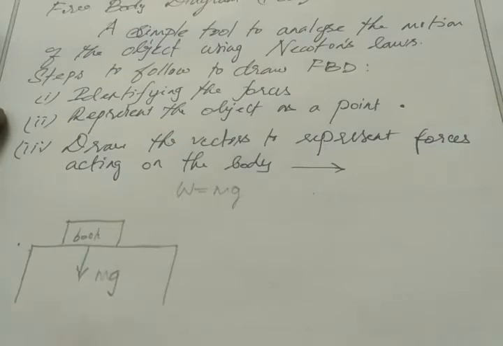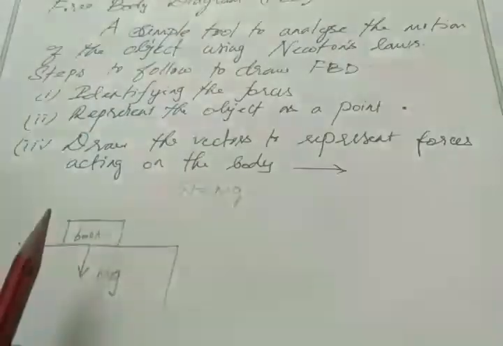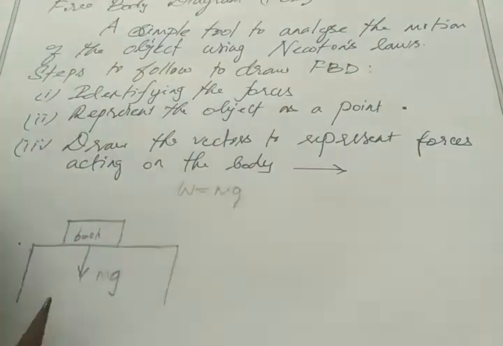Then whenever an object is in contact with another object, there is one force acting. That force is known as the normal force. The normal force always acts in such a way that it compresses the object. Here the book is pressed against the table. Just imagine we keep a book on a table.